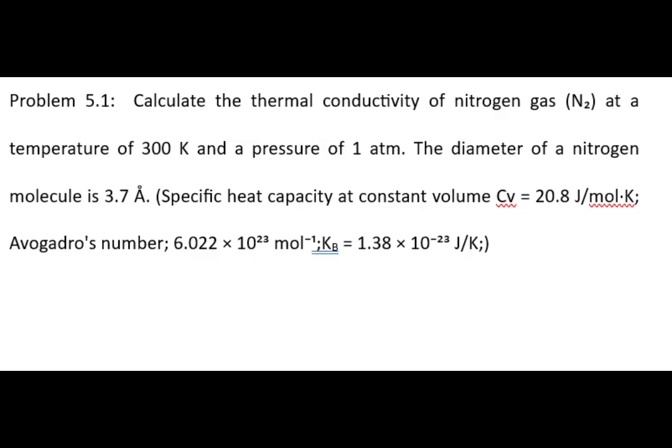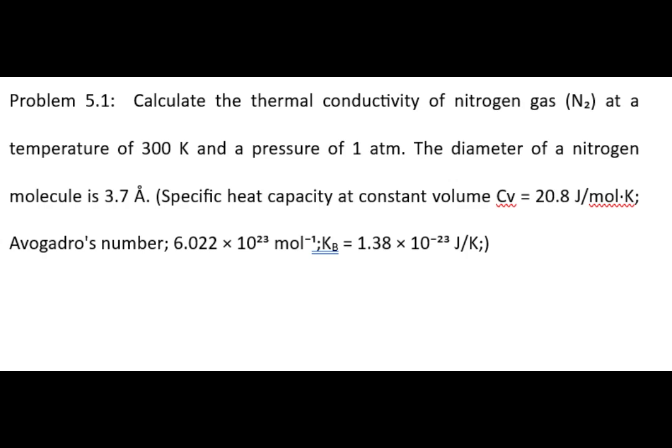Specific heat capacity at constant volume, Cv, equals 20.8 J/mol·K. Avogadro's number is 6.022 times 10²³ mol⁻¹. kB equals 1.38 times 10⁻²³ J/K.